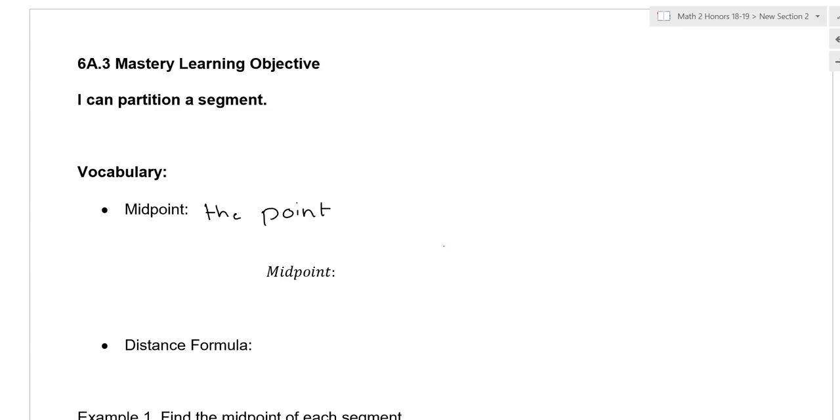The point halfway between 2 points. Okay, so the point halfway between 2 points.